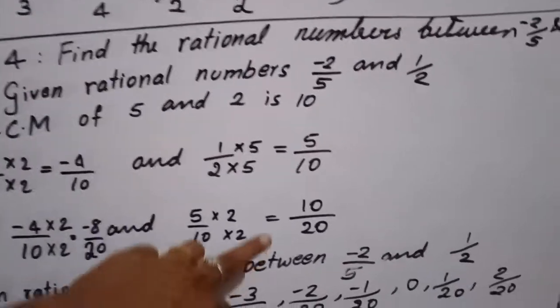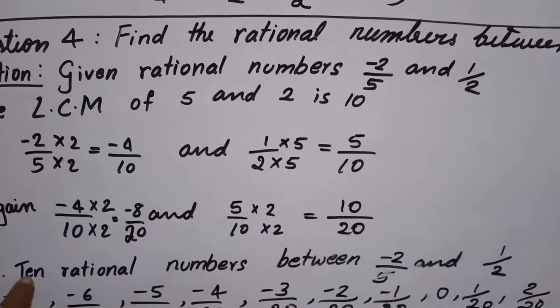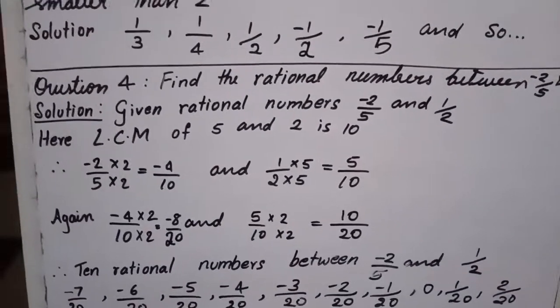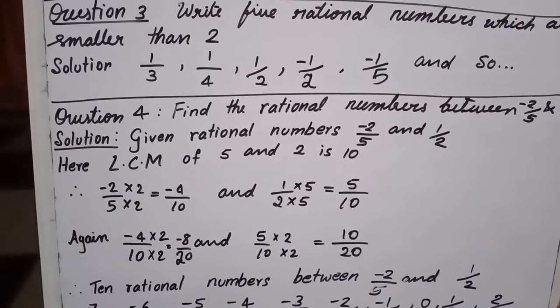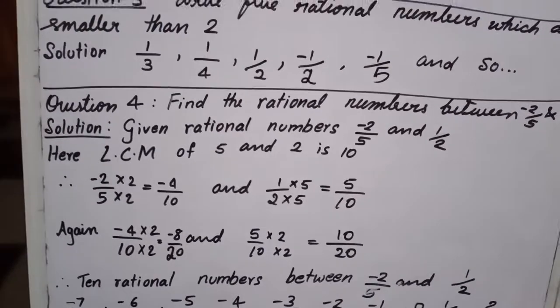We can write up to 10, but they asked only for 10. So this is the easiest way we can find the rational numbers in between.